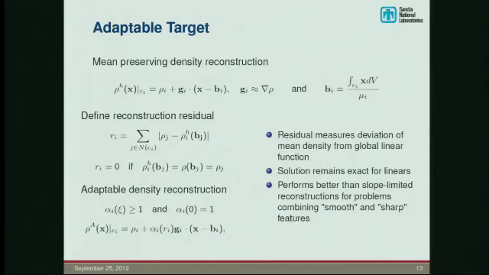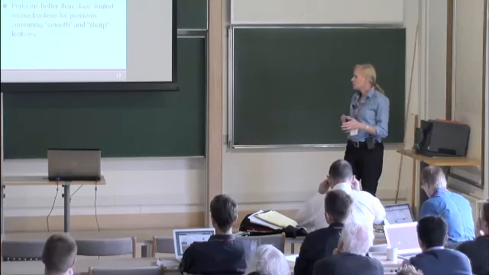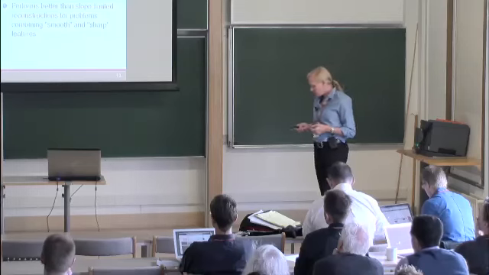But if it's not, then we have this alpha that we can modify, and we can steepen things in the case of discontinuities in the density, or seeming discontinuities in the density. And this tends to perform better than slope-limited reconstructions for problems that combine both sharp and smooth features.